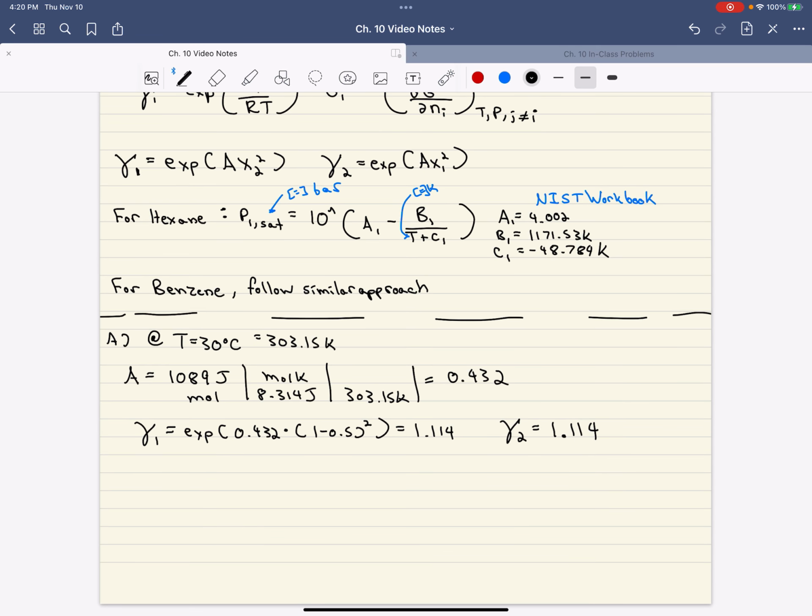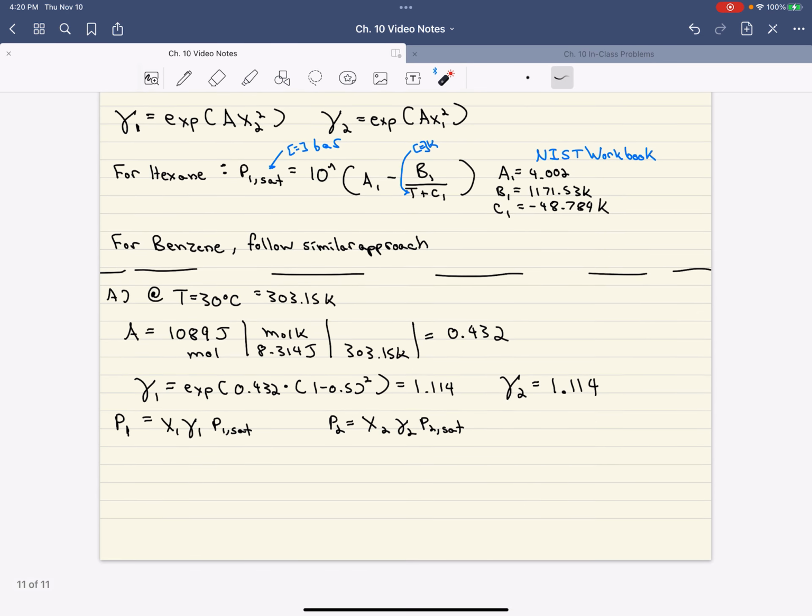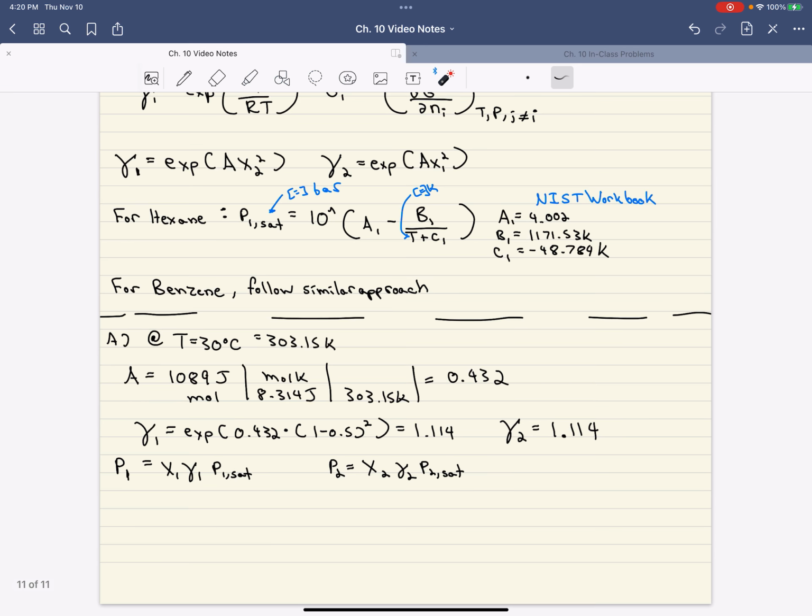All right, now that we have the gammas, we could go to our modified Raoult's law. So we have that for P1, and for P2 it would be this. If we take a look at these equations, essentially what it's saying is that if we had an ideal solution, gamma would be 1, right?